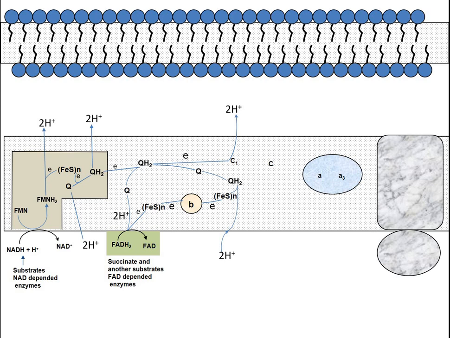Ubiquinol becomes reduced again. After that, it sends 2 protons and 2 electrons into cytochrome C1. Protons are pumped into the intermembrane space.